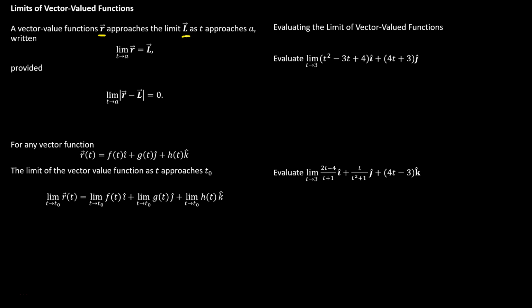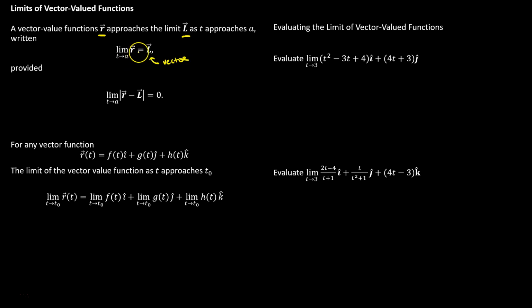And we'll use the same notation that we used in Calc 1, the limit where t approaches a of the function r is equal to the vector L. So notice the limit of a vector is equal to a vector.